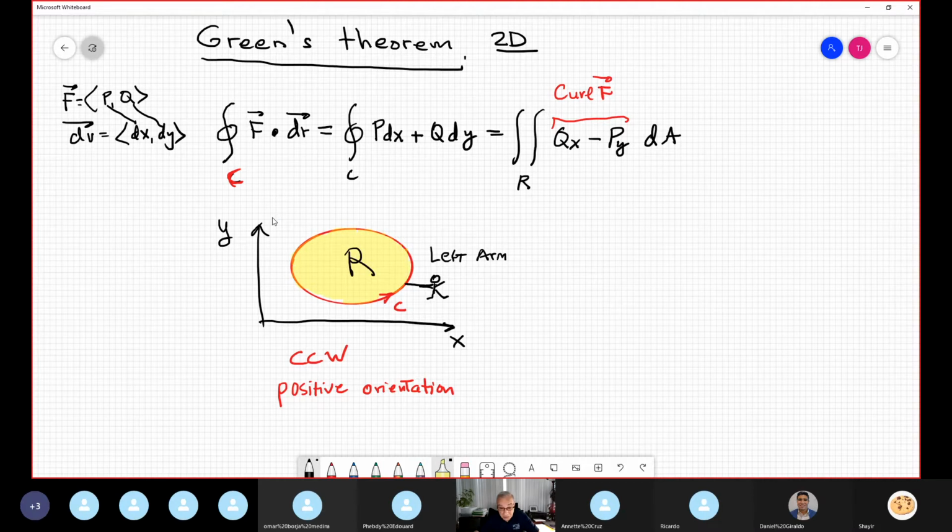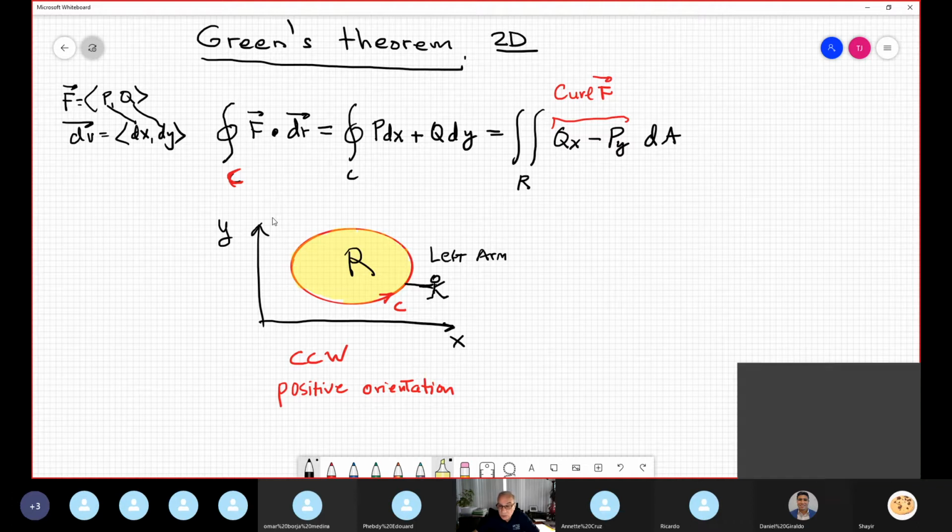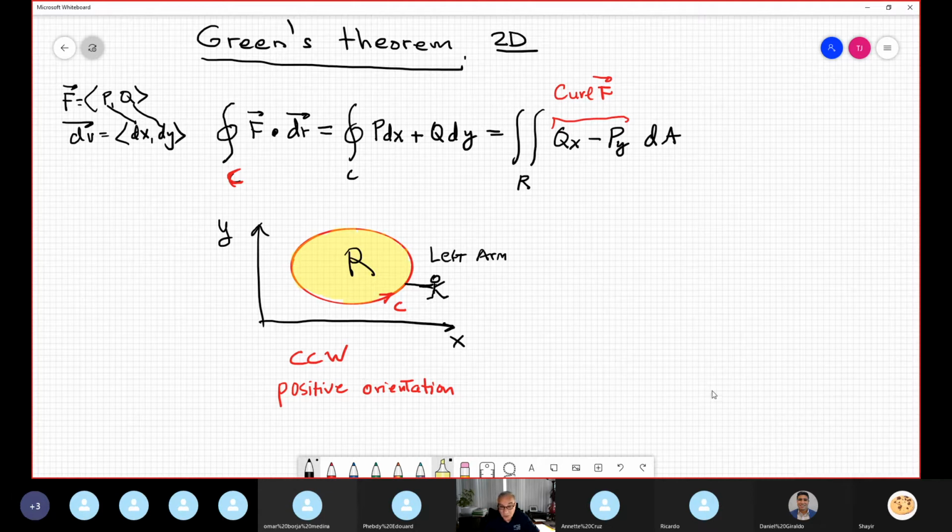Okay, I understand, but what's the problem? One of the problems is that maybe it's easier to compute using the double integral, and maybe sometimes it's easier to compute using the line integral. So we have two possibilities, line integral or double integral. And by the way, the answer is the same.